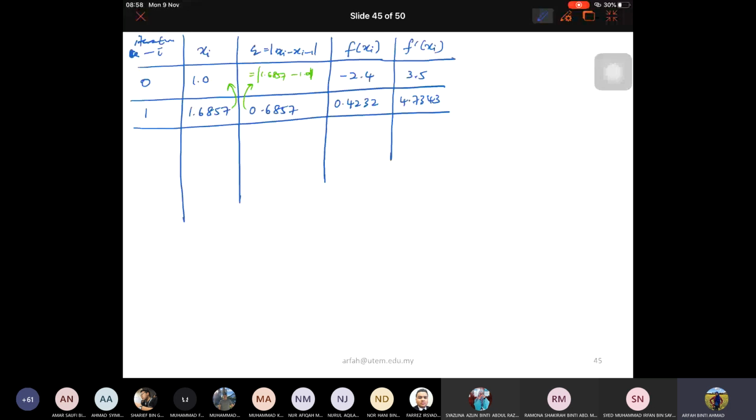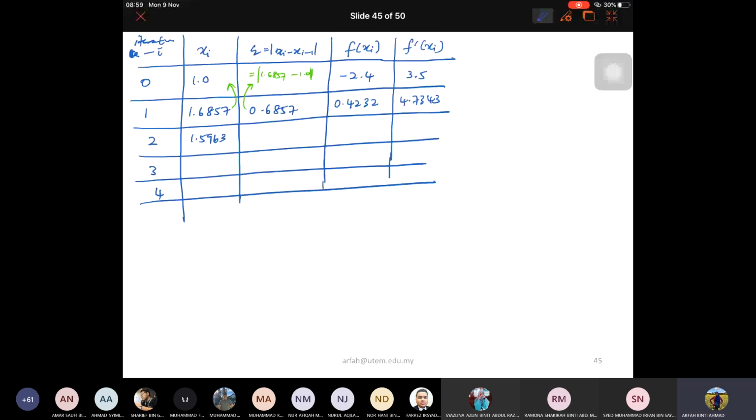Okay. Then the next one, kira untuk the second tadi kita dah dapat 1.5963. So repeat the calculation sampai awak dapat error dia minta tadi 0.001. Okay. So daripada sini awak repeat the calculation. Where from here awak akan menggunakan formula xi plus 1 equal to xi minus f(xi) divided by f prime xi. Okay.